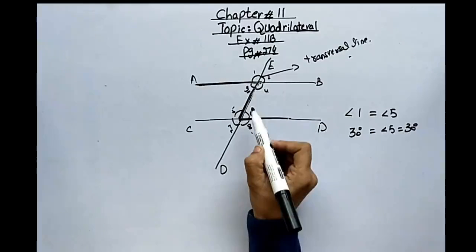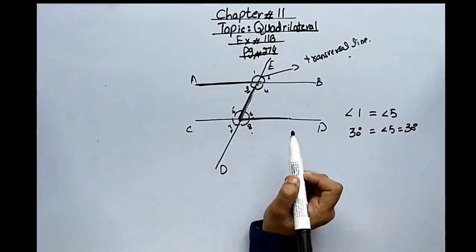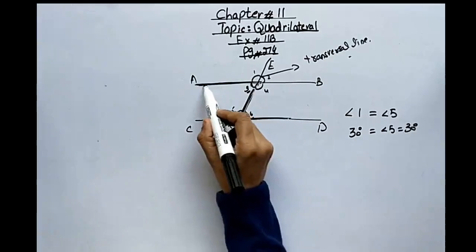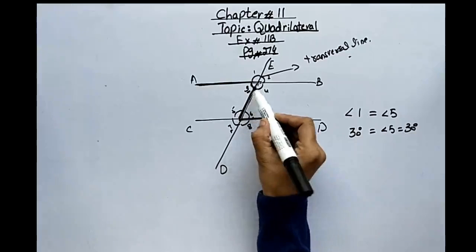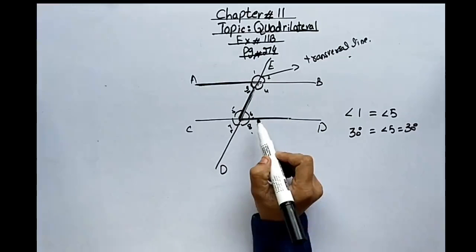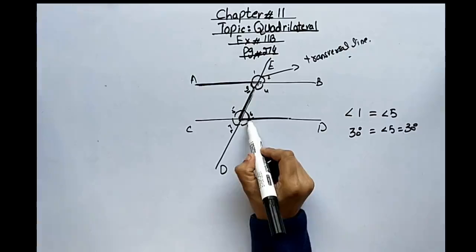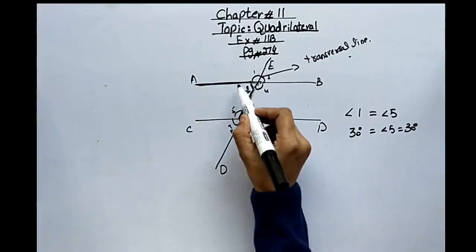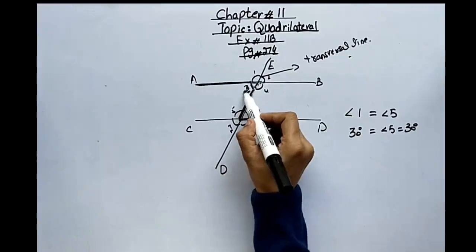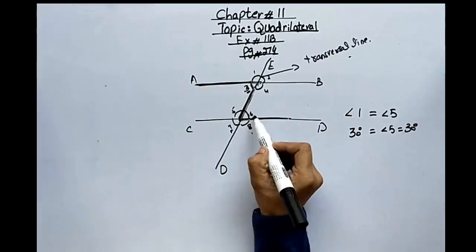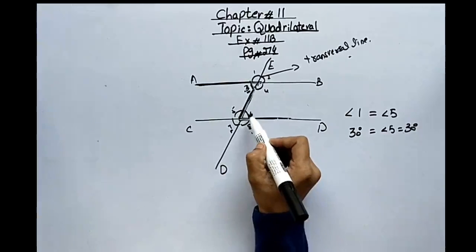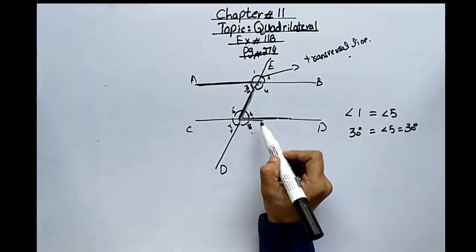The inside angles at the edges of the Z are called alternate angles. So the angle inside these two edges is angle 3, and here angle 6 is the inside angle of the Z pattern.